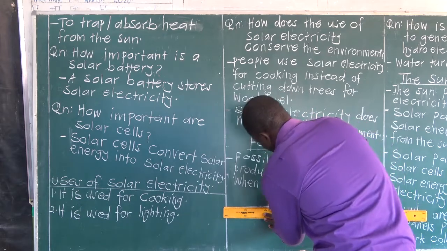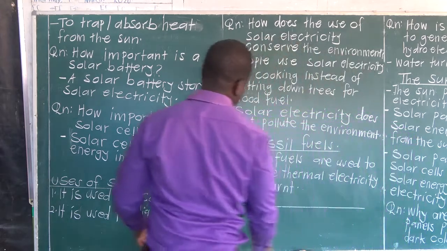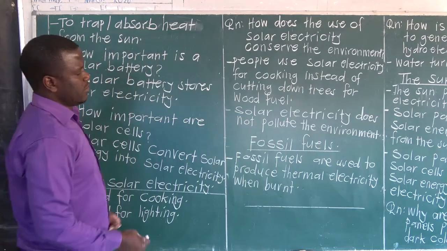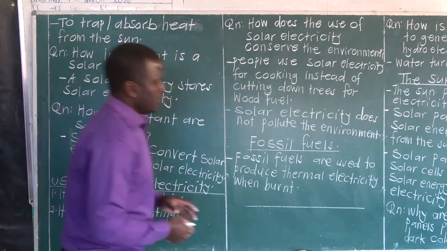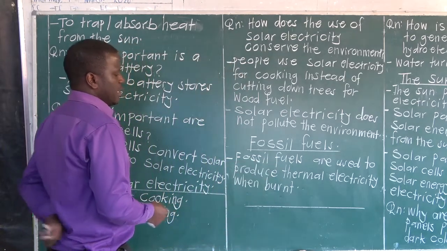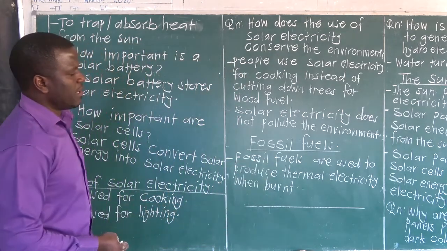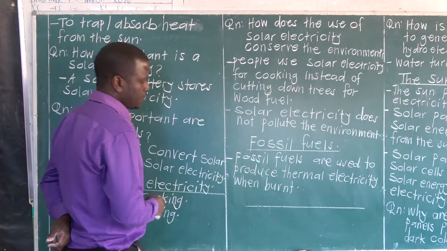When you burn coal, you will get thermal electricity. Very soon we are going to look at forms of electricity, and one of the forms of electricity is thermal electricity. Thermal electricity is got by burning fossil fuel, especially coal.